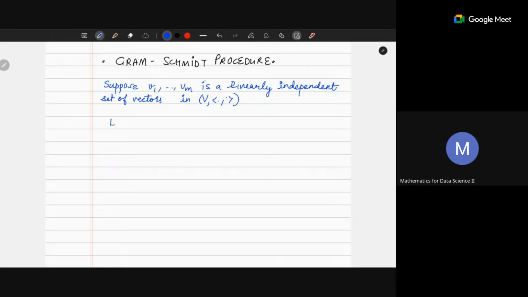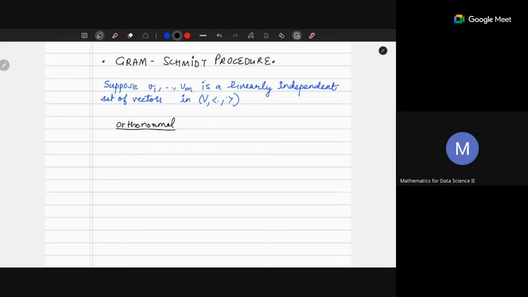All right. So what do we want? We want an orthonormal basis, or in particular an orthonormal subset, out of these vectors v1 up to vm. Be careful that I'm talking about orthonormal, not orthogonal only.